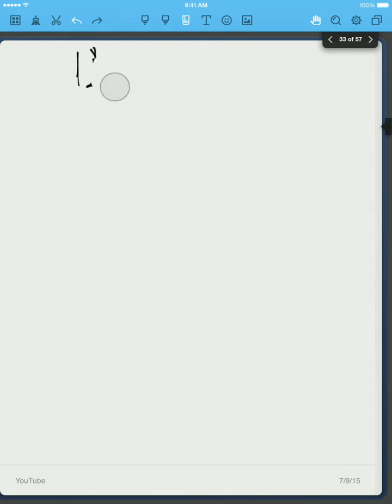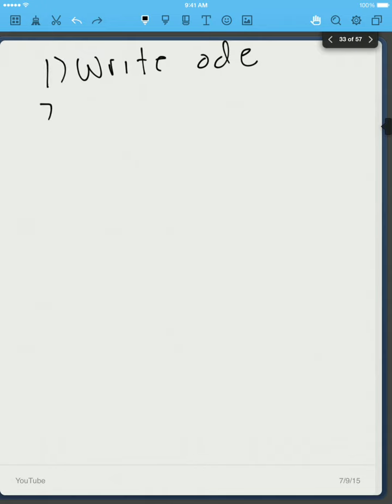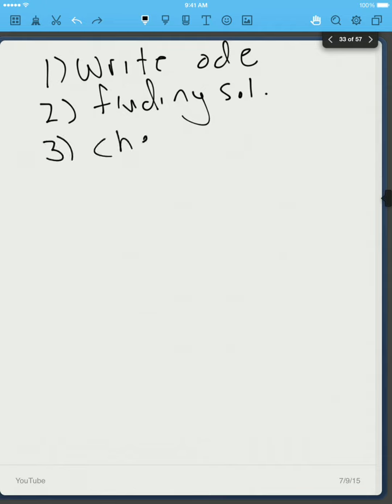So you basically write the ODE that represents what you're trying to capture about your quantity. And then we're interested in finding the solution and then checking it. That is, if it's an analytic solution.